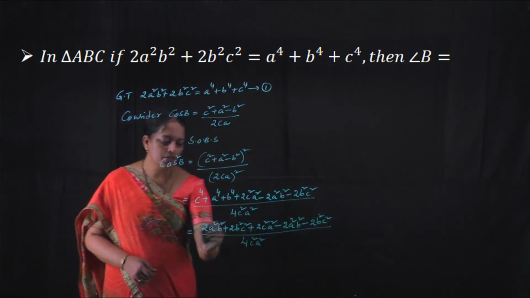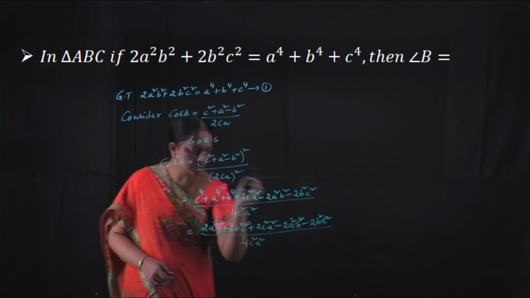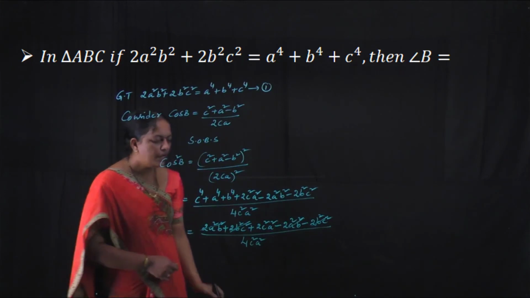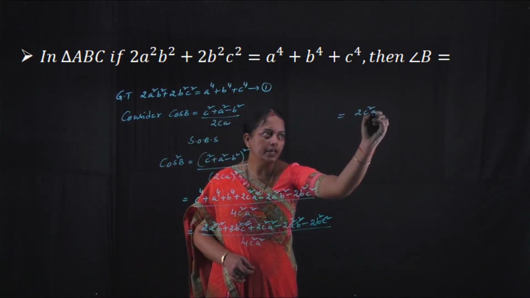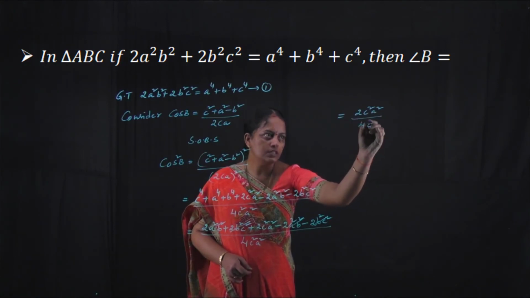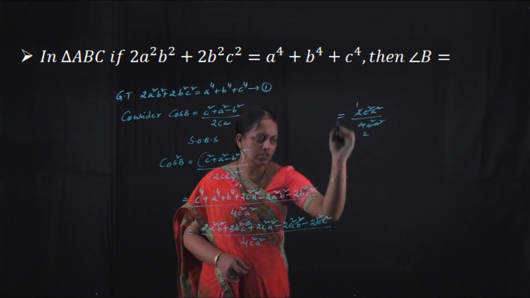Here 2a square b square gets cancelled. Similarly, 2b square c square and 2b square c square get cancelled. The remaining part is 2c square a square by 4c square a square, and c square a square gets cancelled.